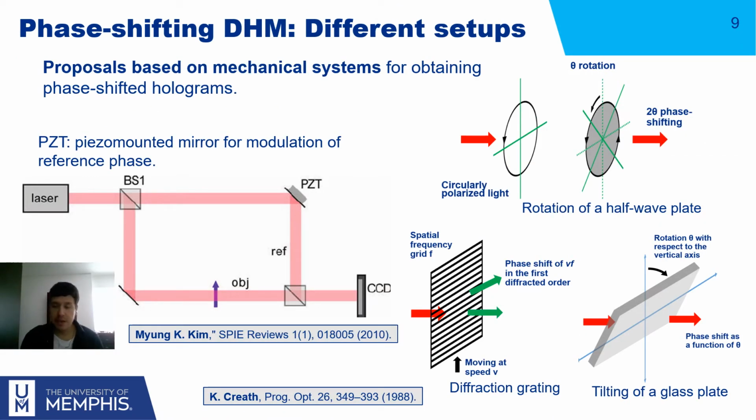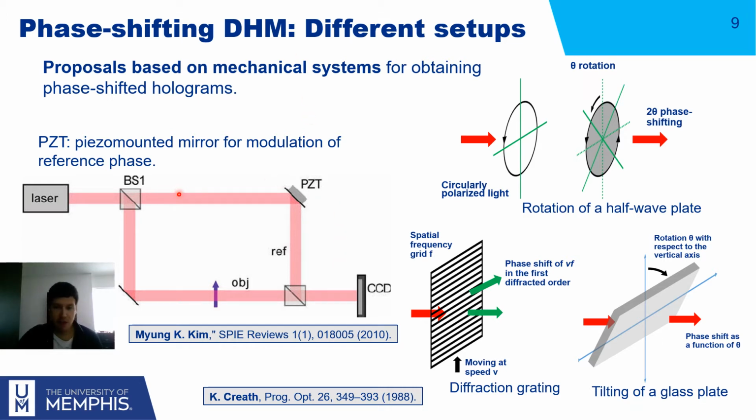And in a previous talk, we said that when we have inline setups, the straightforward way to recover information is by using phase shifting methods in DHM, also known as phase shifting DHM. But to do this, in terms of the optical setups, we have different setups, in fact.